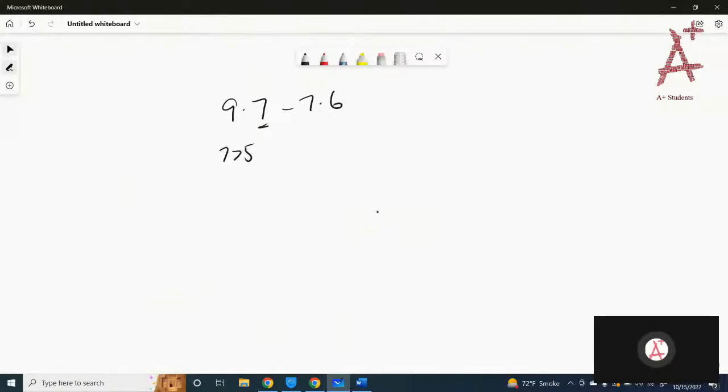That means you have to round up. Round up means you just add 1 to the whole number. So it would be 10. Again 7.6, here you have 6. 6 is greater than 5. Again you have to round up. So it would be 8. So 10 subtract 8 is 2. Got it?